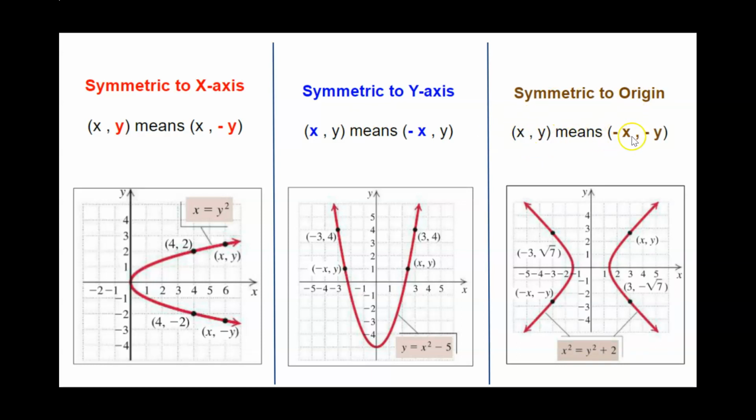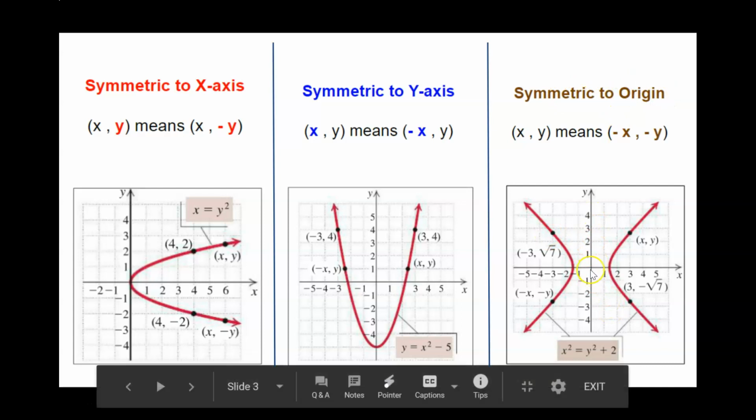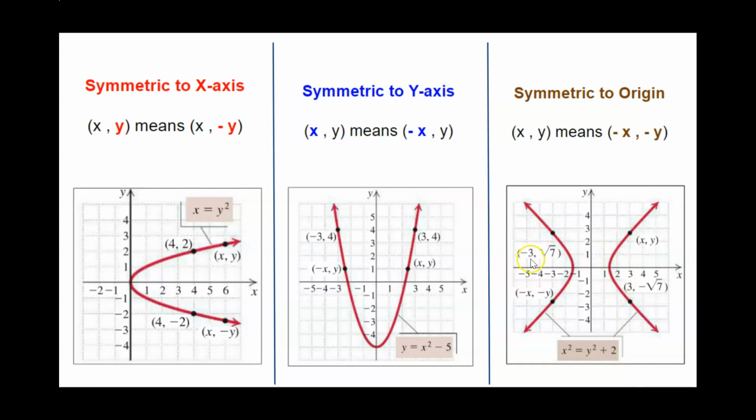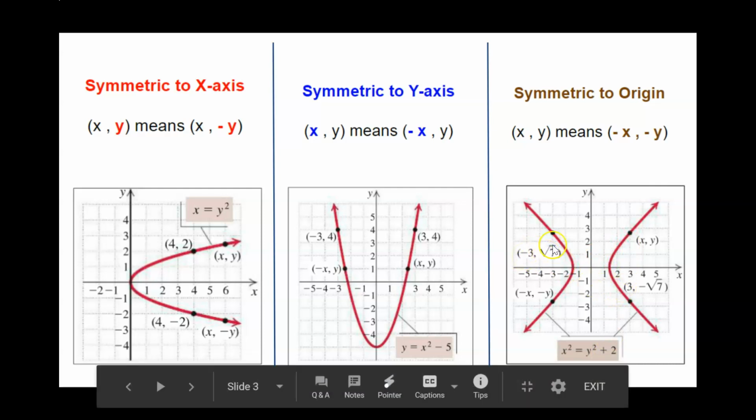So we have x and y and both of them flip the sign, then we know it's symmetric to the origin, which is the center here. So this equation here, x squared is equal to y squared plus 2. The negative 3 flips to a positive, and then the square root of 7 flips to a negative square root of 7. That means it's going to be symmetric to the origin.